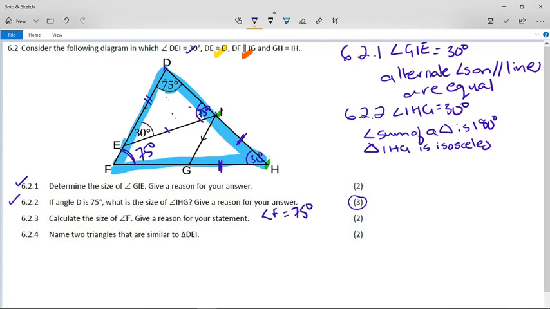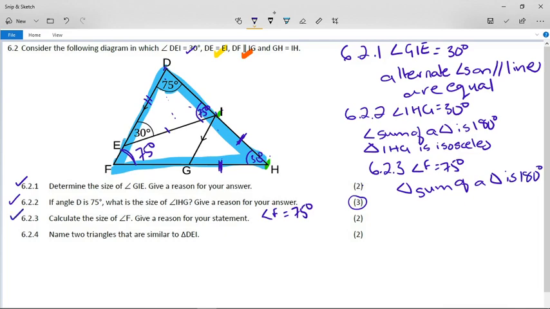And then I would say, okay, we can write it over here, 6.2.3, angle F is 75 degrees. And then I would go angle sum of a triangle is 180. So we've now done 6.2.3.